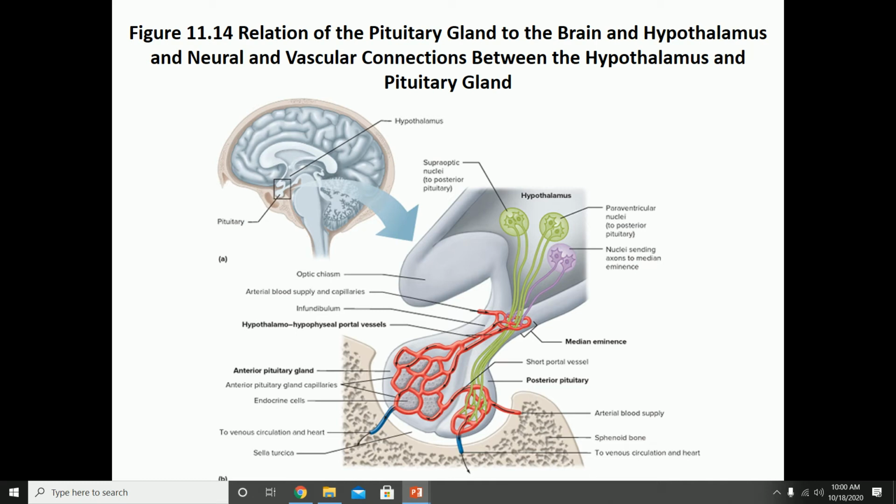And again, you see that it'll go down those axons to be released from the posterior pituitary. So when we always say the posterior pituitary secretes ADH and oxytocin, that was kind of a lie-ish thing, because it's really not made by the posterior pituitary. They're made by the neuroendocrine cells found in the hypothalamus.